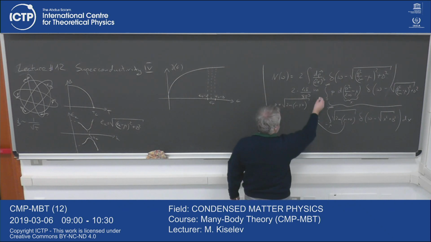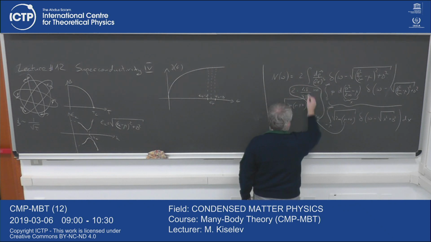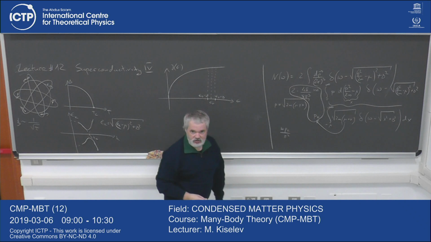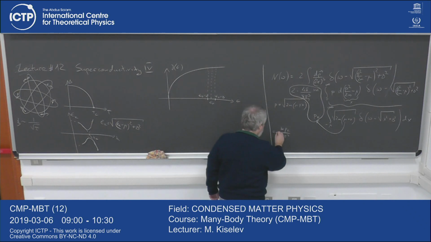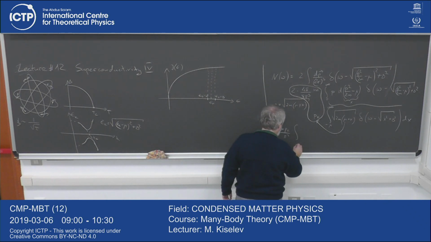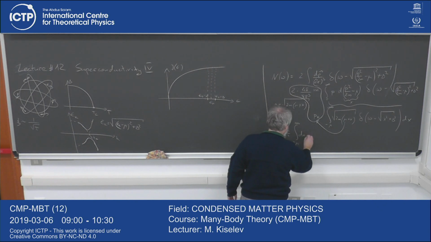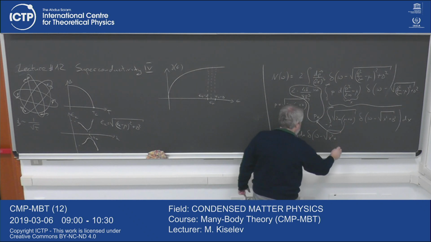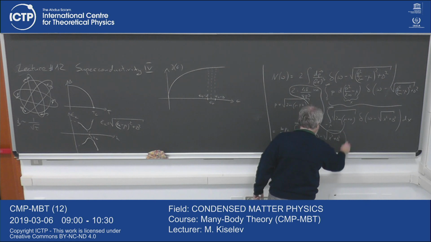And as a result, this factor is m pF over pi squared. This is the density of states of the non-interacting Fermi gas, and we have the integral from minus mu to infinity dx of the delta function omega minus square root of x squared plus delta squared.